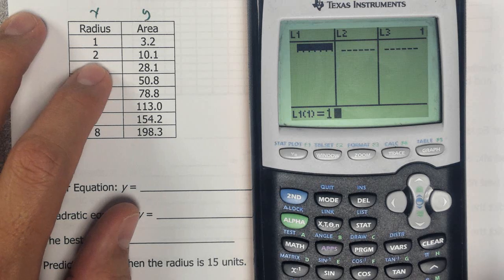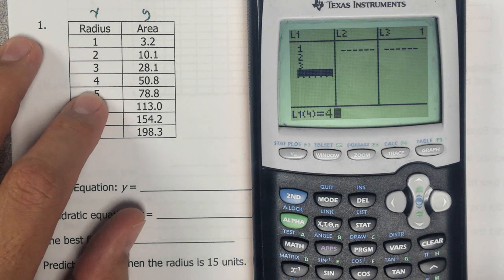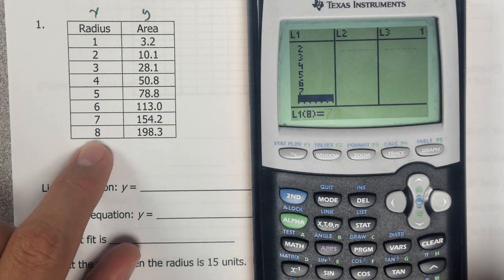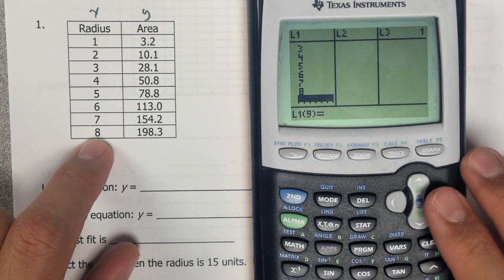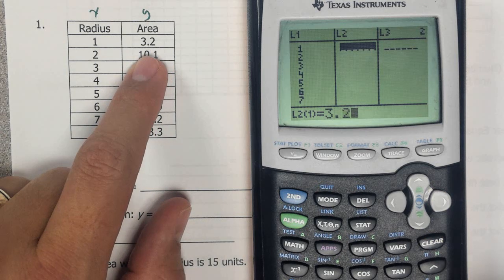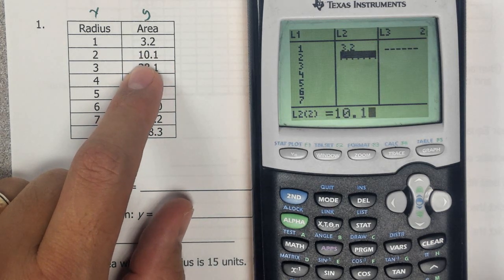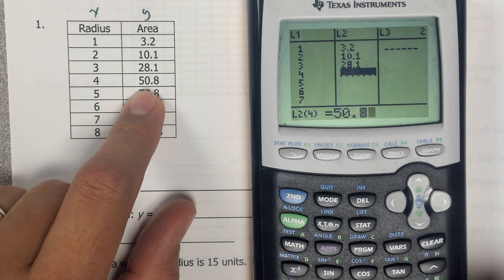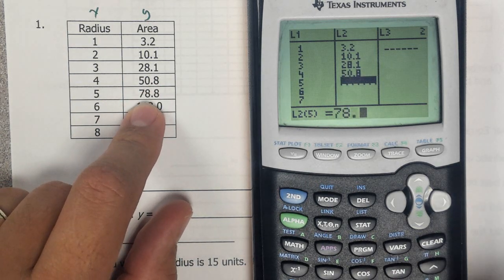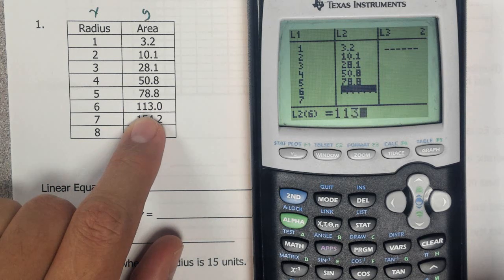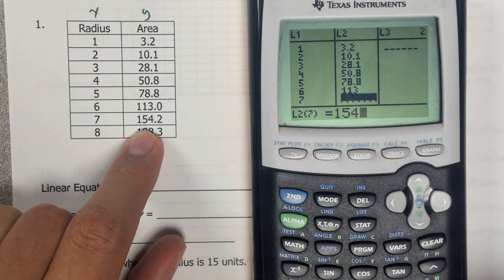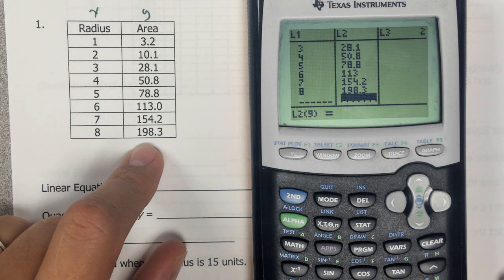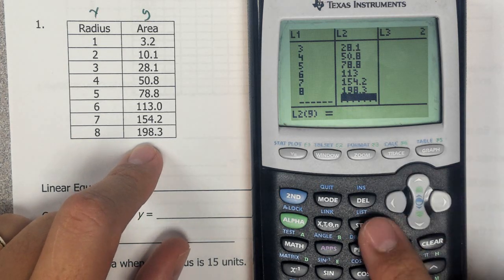Edit it in. 1, enter, 2, enter, 3, enter, 4, enter, 5, enter, 6, enter, 7, enter, 8, enter, and then we go to the side: 3.2, enter, 10.1, enter, 28.1, enter, 50.8, enter, 78.8, enter, 113, enter, 154.2, enter, 198.3, enter. There we go. There are all our points in there.